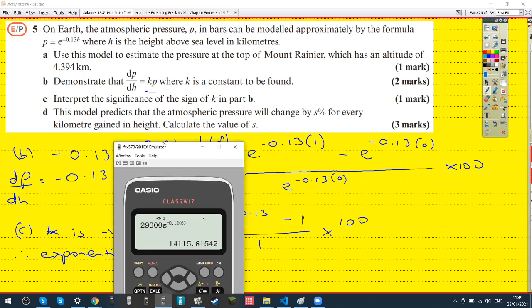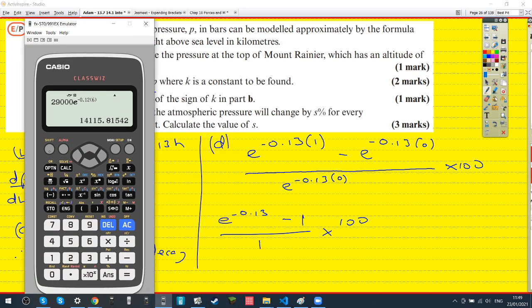All right, I'm trying this. But we'll need a bracket if we don't have it over 1. I got minus 12.19. I trust you.